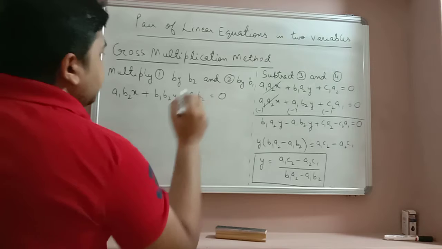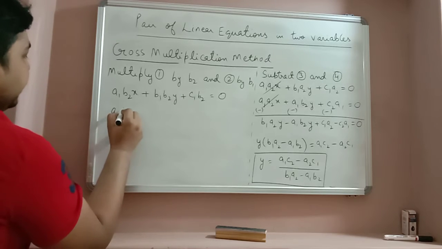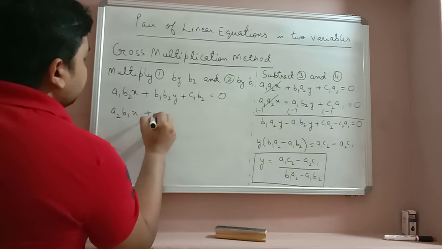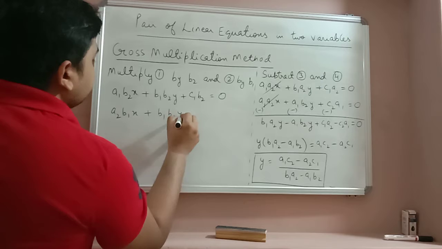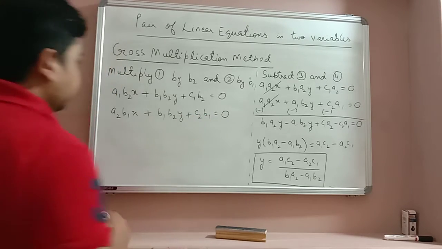And on multiplying the second equation by b1, we get a2 b1x plus b1 b2y plus c2 b1 equals 0.